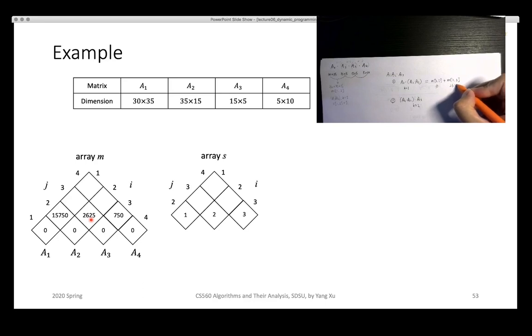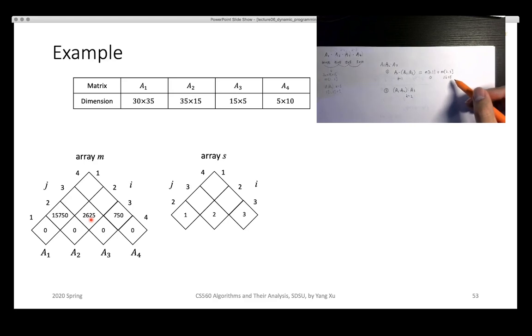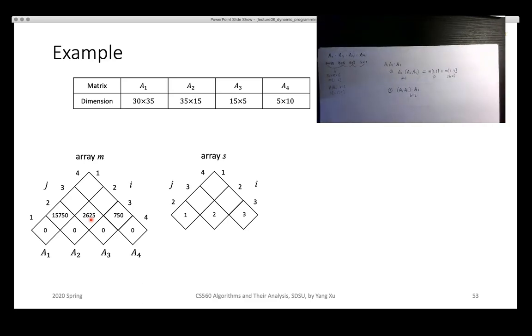Okay, so this is really where the dynamic programming part happens, because we refer to the table for the solution to a subproblem that we solved in a previous iteration. M23 is the solution to a subproblem of size 2, which was already solved in the previous slide, right?